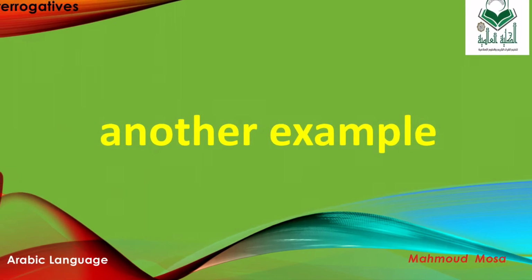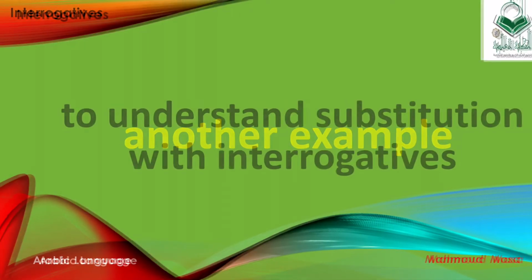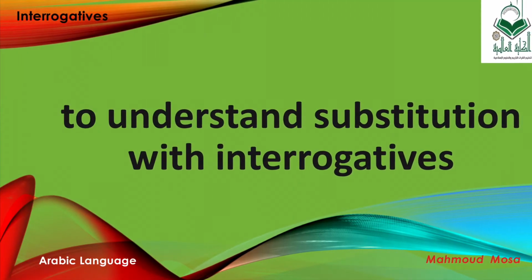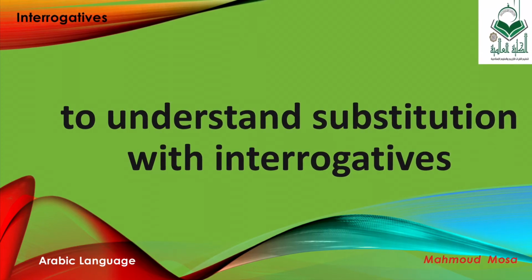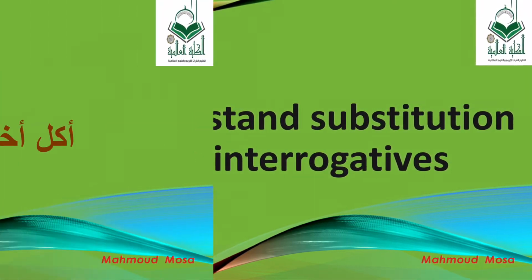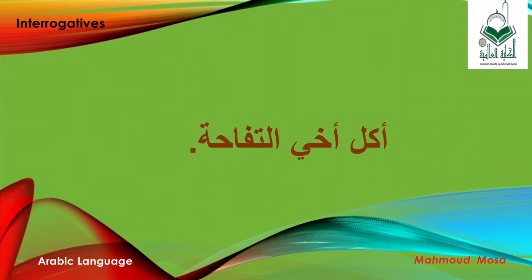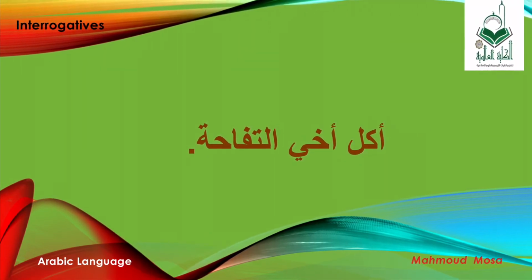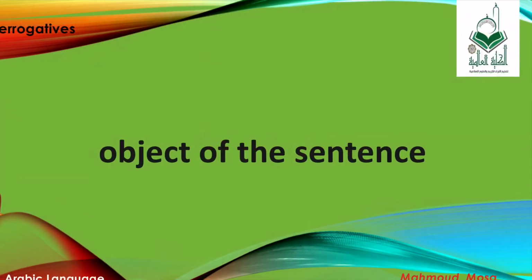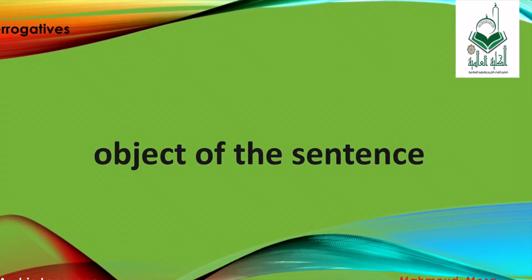Let's have another example to understand substitution with interrogatives. We say, أكل أخي التفاحة. We want to ask about the object of the sentence.